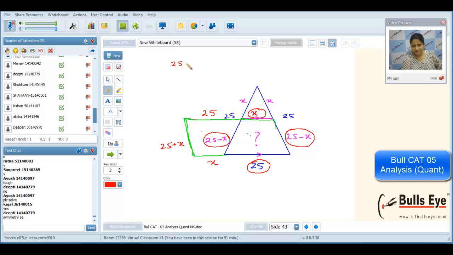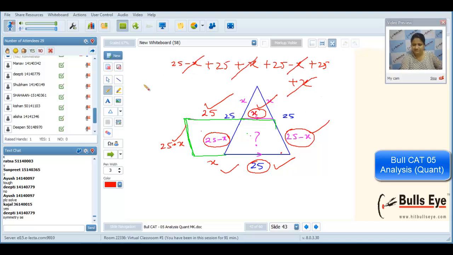It will be 25 minus x plus 25 plus x plus 25 minus x plus 25 plus x, and this is the answer. Now this is easy. These got cancelled, so we are left with 100. So this is the answer.